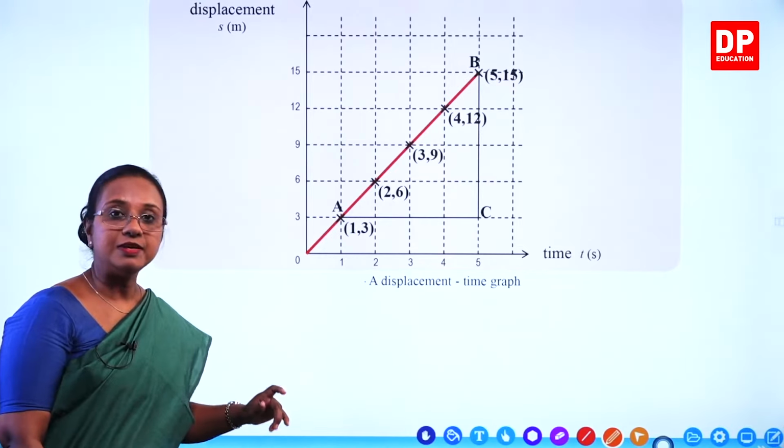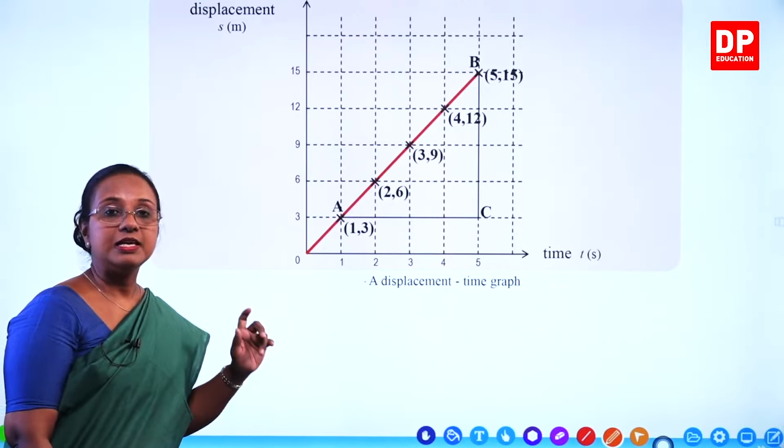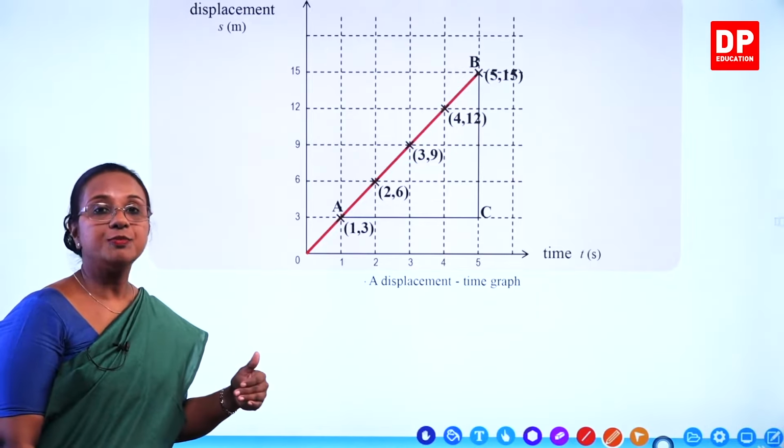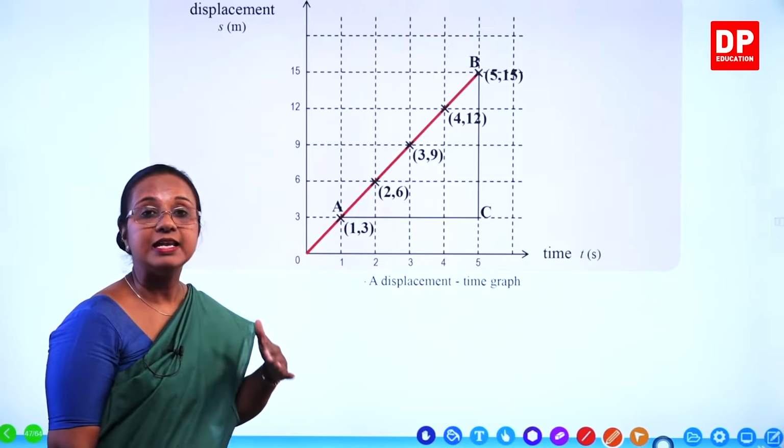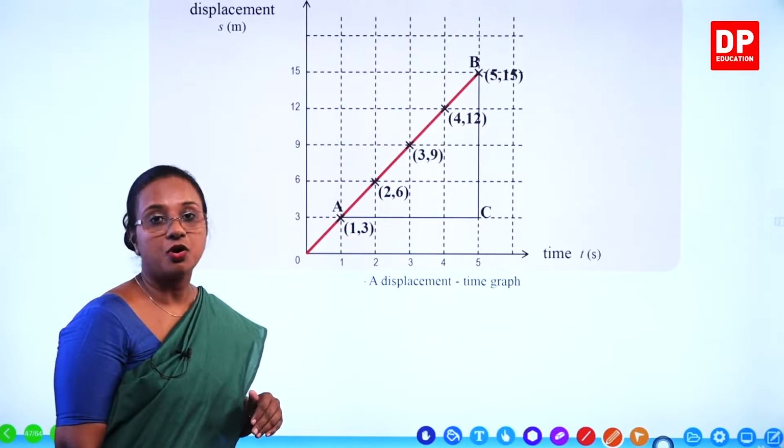You are familiar with gradient of a graph. It is the ratio between the difference in y coordinates and difference in x coordinates.